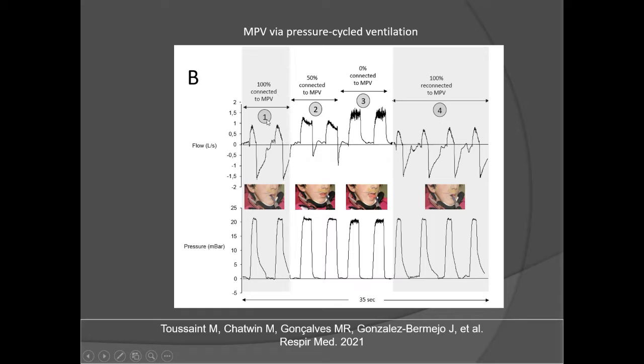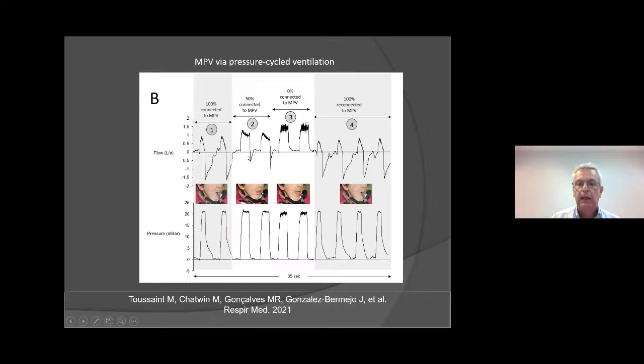Point 1 and point 4 are those moments where the patient is totally pursing the lips and taking full air. When he is doing that, there is a good pressurization of the ventilator, and also the flow is quite normal. But look here, when there is 50% of leaking, there will be, with the flow, some leak compensation, and this leak compensation will not be comfortable for patients.